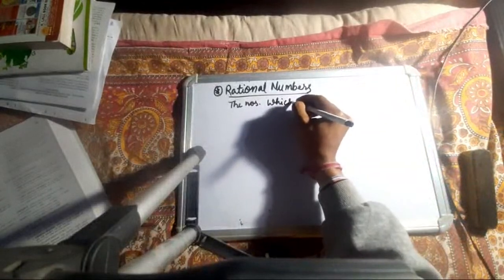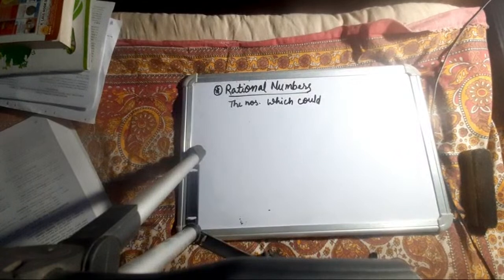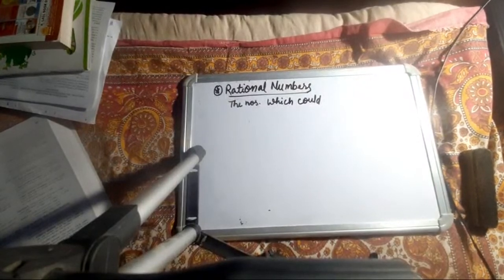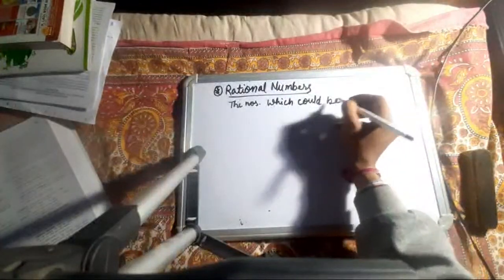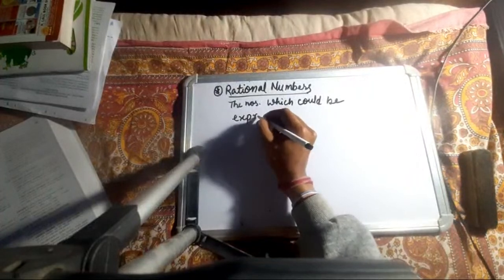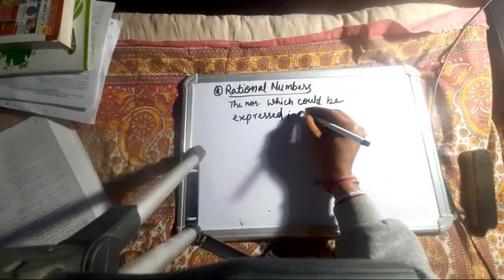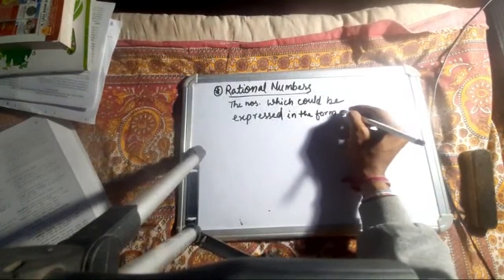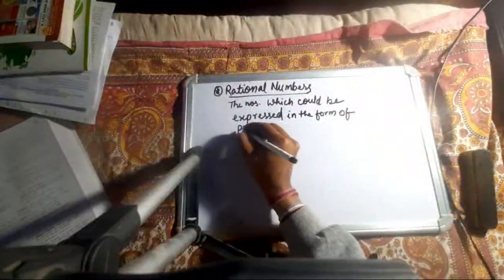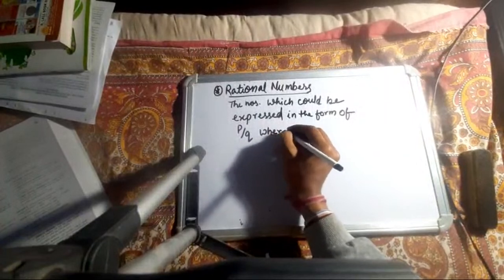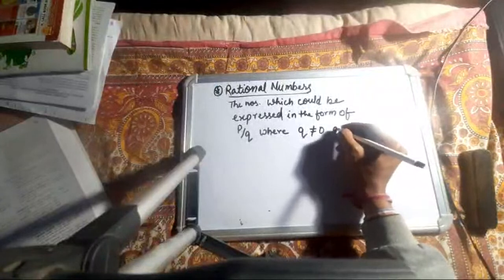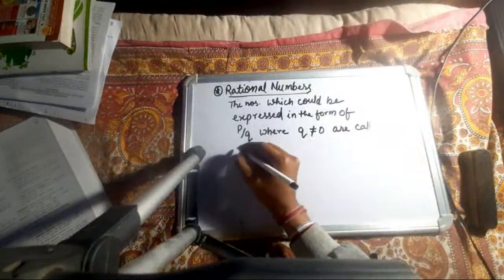The numbers which could be expressed in the form of p by q, where q is not equal to 0, are called rational numbers.